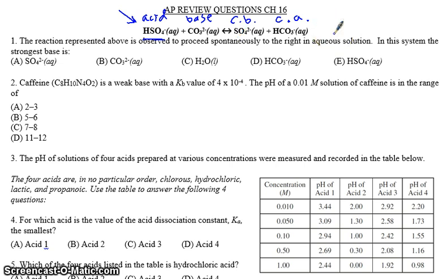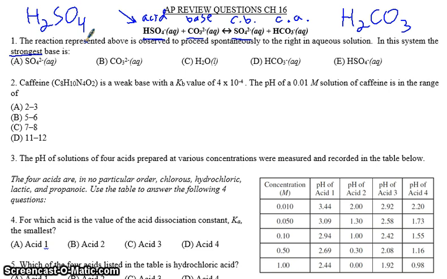So the question is, which is the strongest of the bases? Well, it comes down to this substance and this substance because they are the two that act as bases. Now, if we remember, CO3 originally came from carbonic acid, which is H2CO3, whereas SO4 2- came from sulfuric acid, H2SO4.